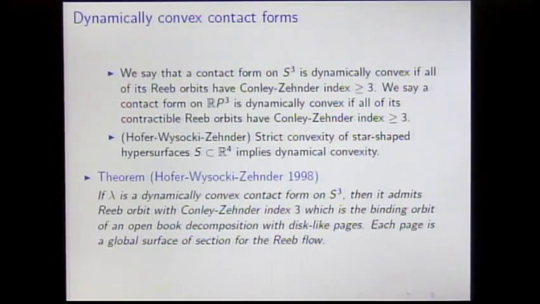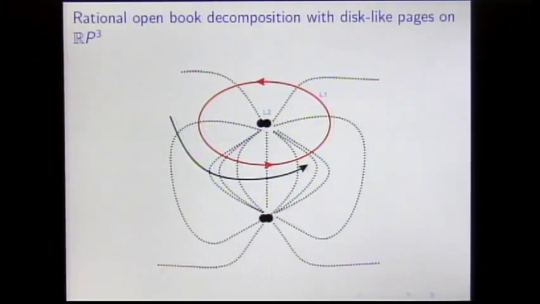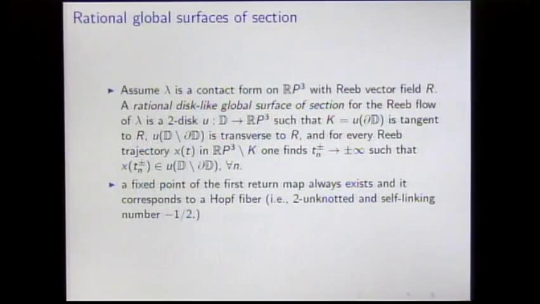Okay, let me just remind you of this big theorem by Hofer, Wysocki, Zehnder, which is more or less the theorem that we are going to obtain for RP3, which says that if the contact form is dynamically convex, then it admits a closed orbit which is unknotted, with self-linking -1, and has Conley-Zehnder index 3, which is the binding of such an open book decomposition as I put it here.